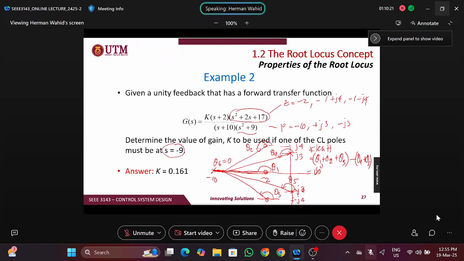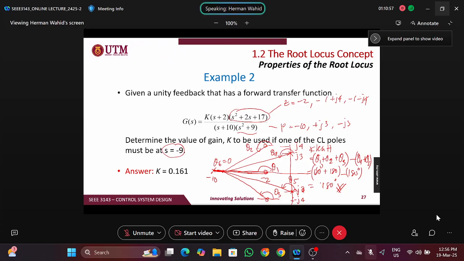Okay, so theta 2 plus theta 3 is actually 180 degrees, minus theta 4 and theta 5. So theta 4 is here and theta 5 is here. Also, they are conjugates and it also gives 180 degrees. So if we sum it all, we finally get 180 degrees, which is fulfilling the angle criteria.